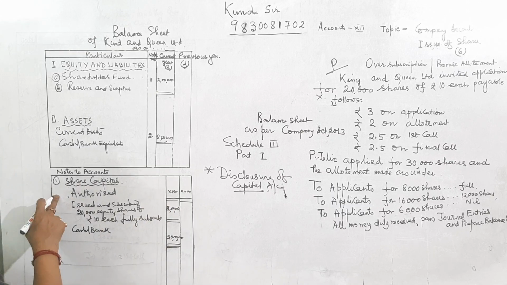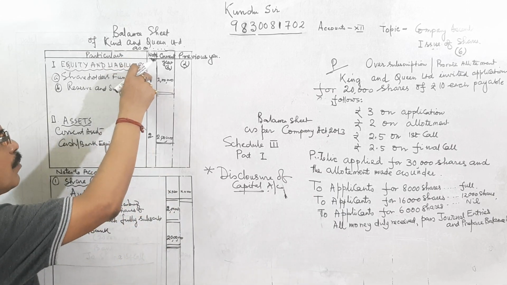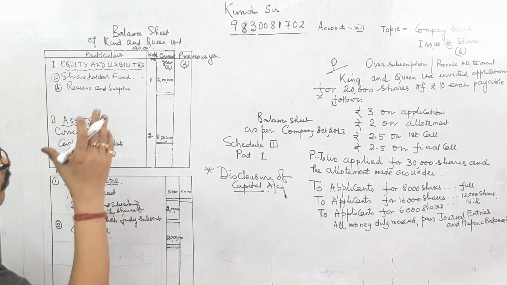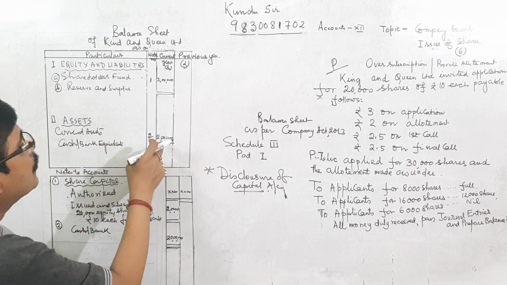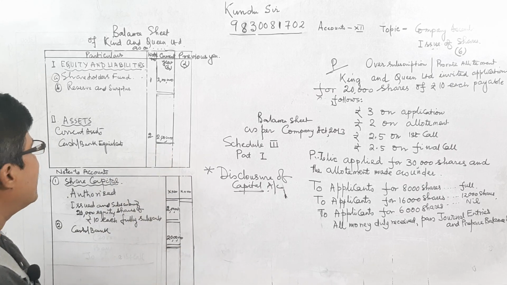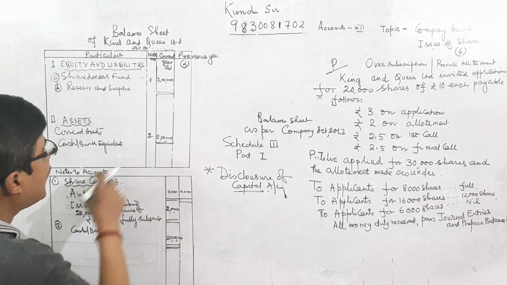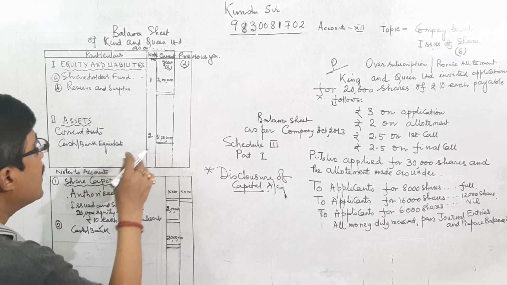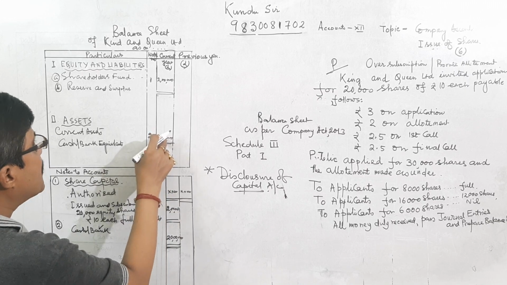At note number 1 we are putting a note number 1. And for the cash or bank balance, we have the bank account of 2 lakh rupees. It is note number 2. No need of details here, just give a note 2, cash and cash equivalent. Only bank balance is 2 lakh rupees here.